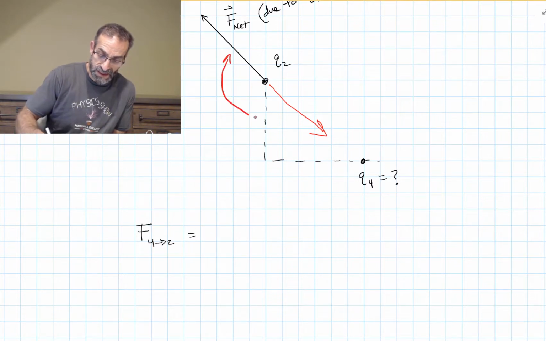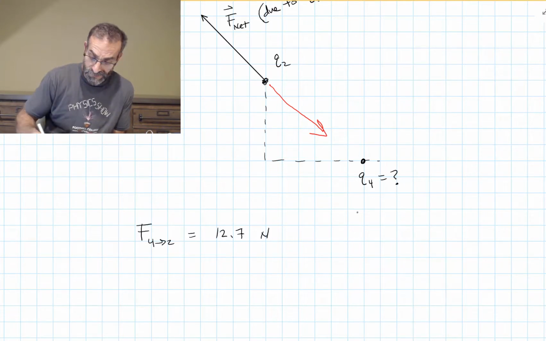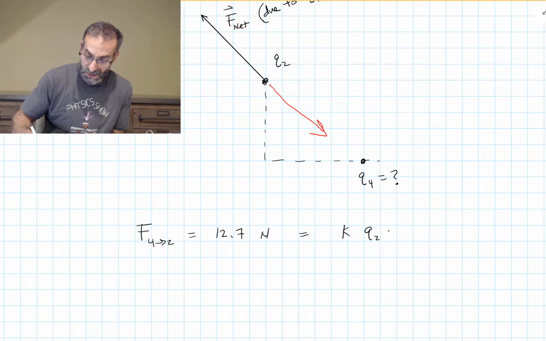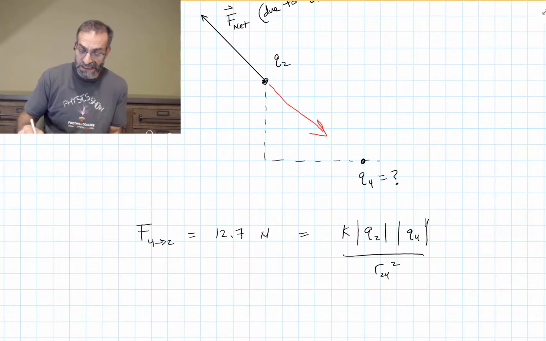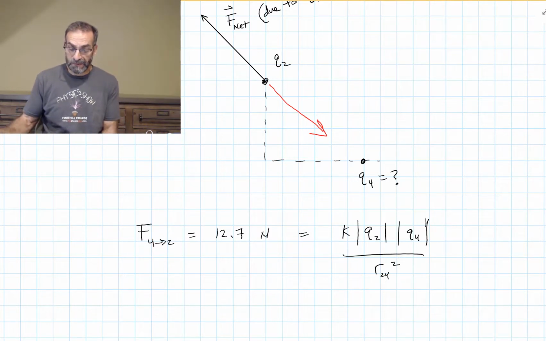This force and this force have to be equal in magnitude. And we know it's going to equal K, Q2, Q4 over R24 squared, the distance between them squared.